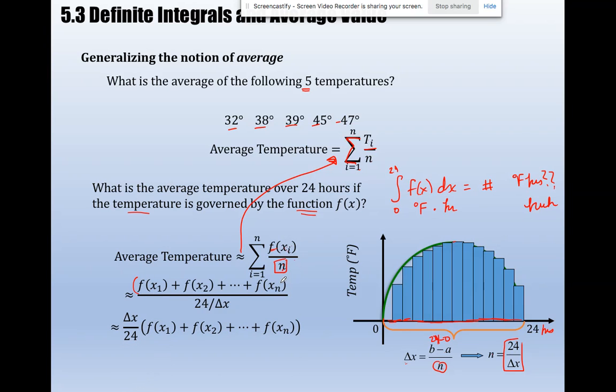All these function values divided by 24 over delta x is the same thing as all these function values times delta x over 24. Right? Multiplication is commutative. I took this delta x and I put it at the end, and I left 1 over 24 in the front.